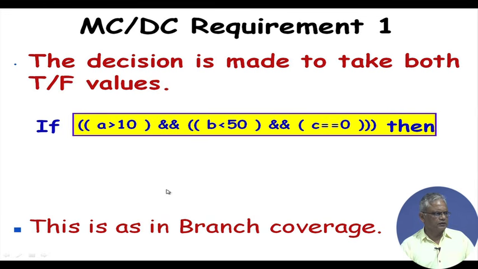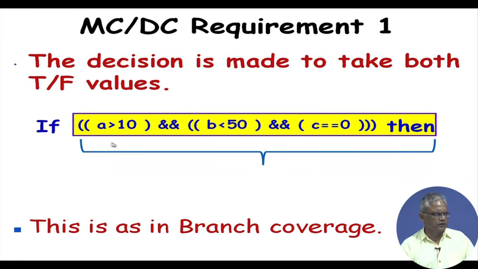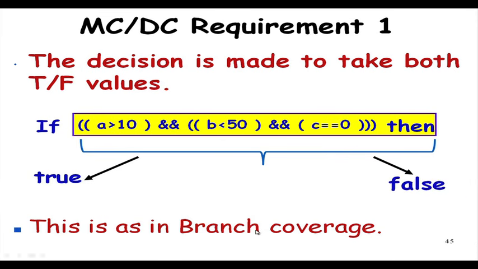Now, let us look at the first requirement. The first requirement is that the decision or the compound condition must take true and false value. So, this is the entire compound condition, and the test cases should ensure that this branch condition evaluates to true and false value, which is of course the same as the branch coverage.